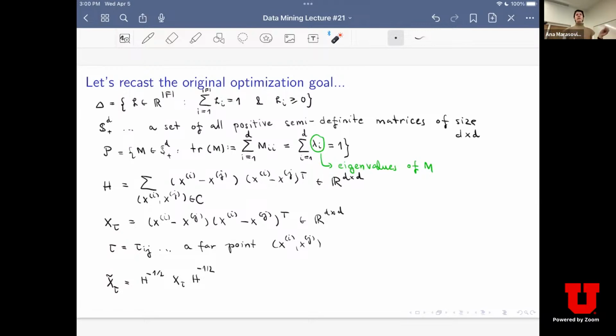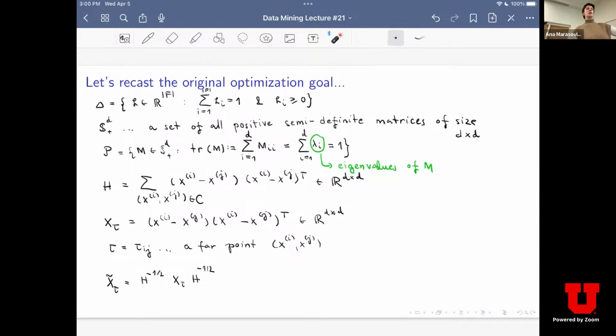But at the same time, we have that constraint, and we want our close points to stay nearby. So this is basically scaling down the outer product such that the constraint that close points are close is going to hold. So the scaling happens just such that far points are far, but close points stay close. And now all of this together will give us a way to recast our original optimization problem.